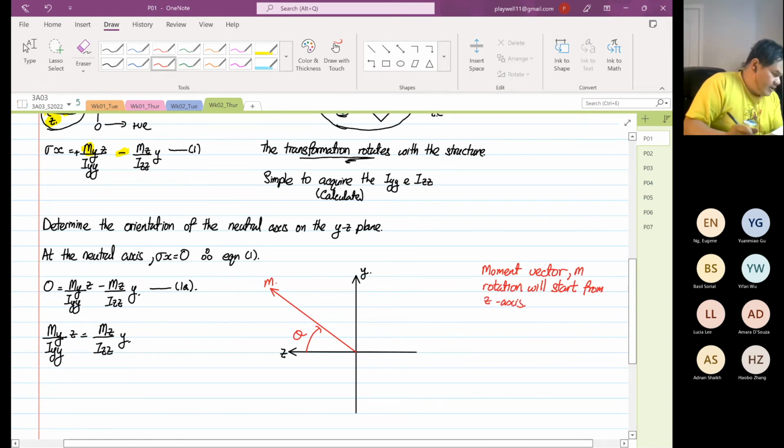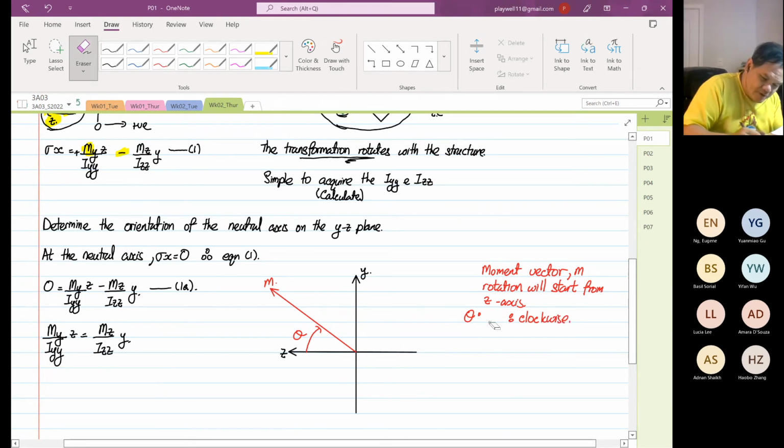An important thing to take note of is the direction, as I've drawn it, so you have to be careful. Theta is positive when the rotation is clockwise.